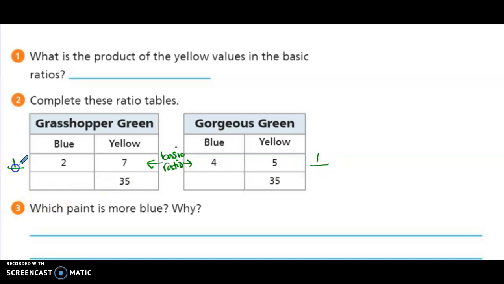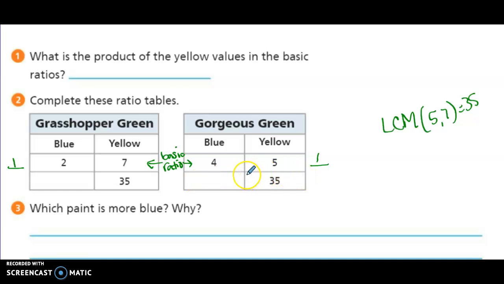The greatest common factor is 1. And what we want to do is make the same parts yellow. So what they did was they found the lowest common multiple for the parts that were yellow. So we're looking at 5 and 7, and the lowest common multiple of 5 and 7 is 35, and they filled that in for us.